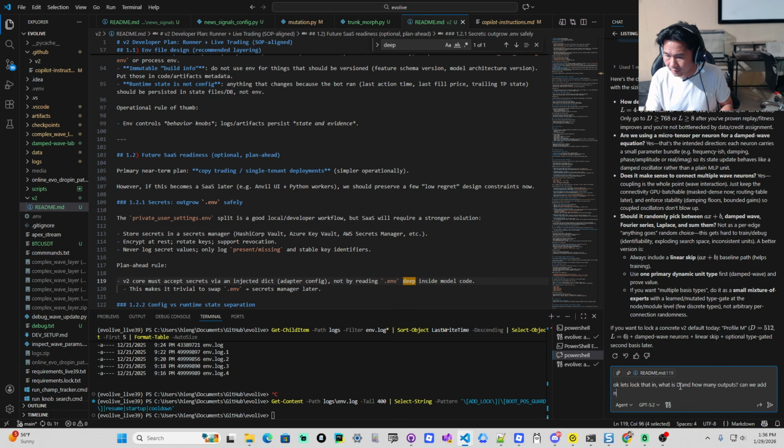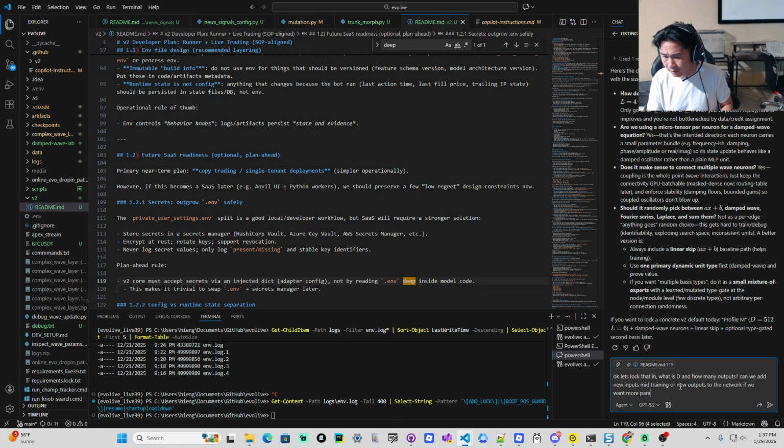Can we add new inputs mid-training, or new outputs to the network, if we want more parameters fed in or logits out?